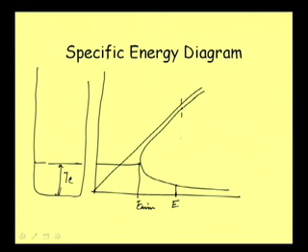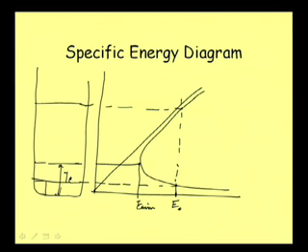If I draw a vertical line through this point, then it represents that for this energy we can get a corresponding depth, this one, and the same energy we can get corresponding to a depth, this one. So now this is say y1 and this is y2.